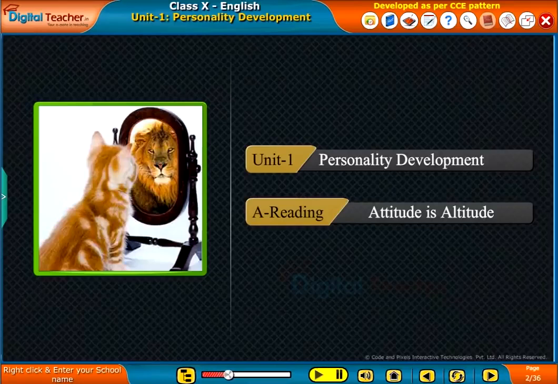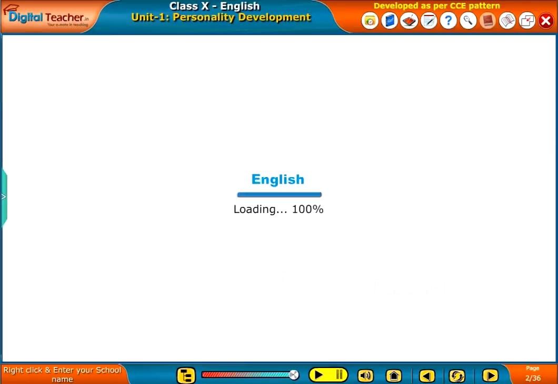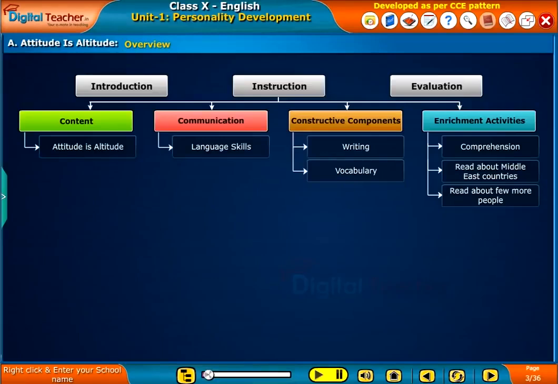Welcome to the reading section, Attitude is Altitude of the unit Personality Development. Overview. Let us have a look at the overview. The overview slide consists of 3 sections, namely Introduction, Instruction, and Evaluation.